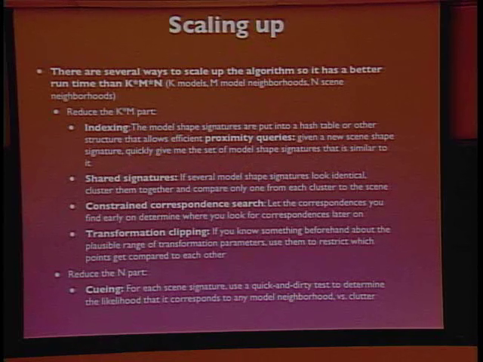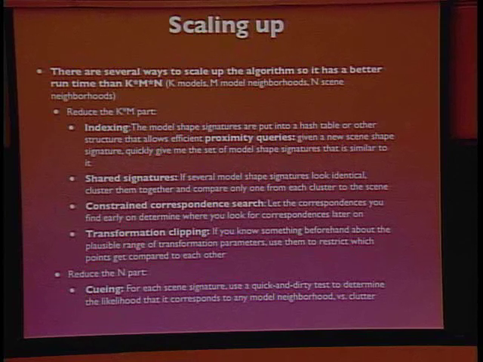One thing you can do is reduce that k times m part, which is basically saying changing the way that you represent your database of objects, because right now we're thinking about our database of objects as being one long linked list of shape signatures, if you will.